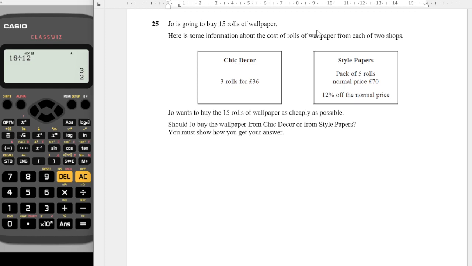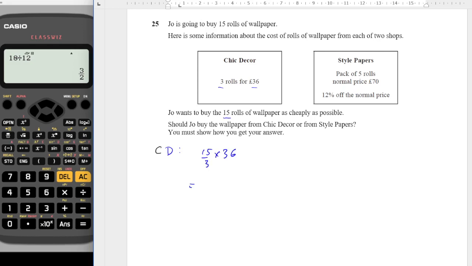Okay, Joe's going to buy 15 rolls of wallpaper. Here is some information about the cost of wallpapers from 2 shops. So we've got 3 rolls for £36, so we have got a multiple of 15 there. Packs of 5 rolls, normal price £70, 12% off the normal price. Okay, so if we look at the price for CD, if we get 3 for £36, then the total cost of 15 is going to be 15 divided by 3 times by 36.